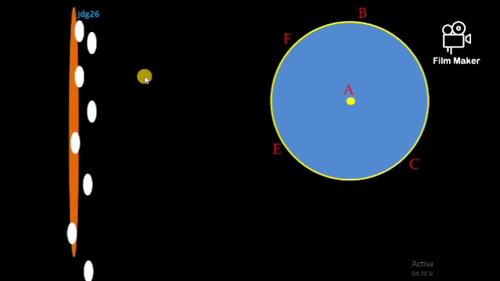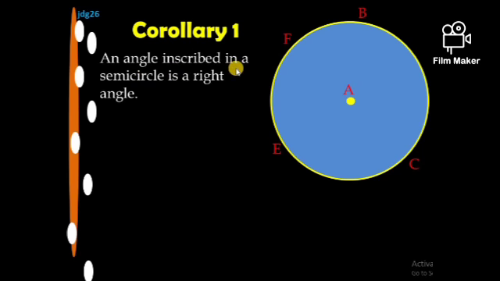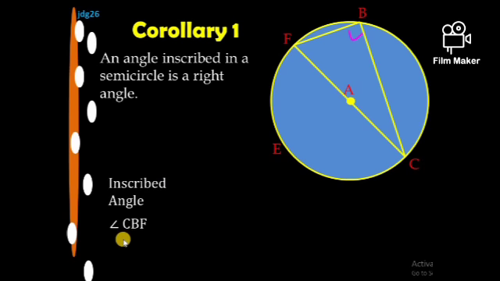Let's have some corollary about inscribed angle. The first one is, an angle inscribed in a semicircle is a right angle. So, let's have the figure. We have circle A, we have diameter FC, and we have inscribed angle FBC. So, we have CBF or FBC, and its intercepted arc is arc FEC.